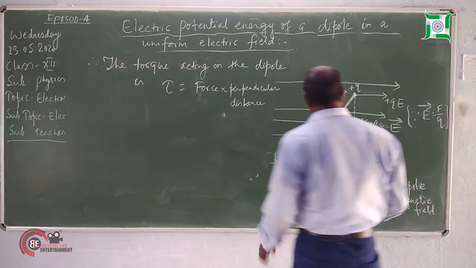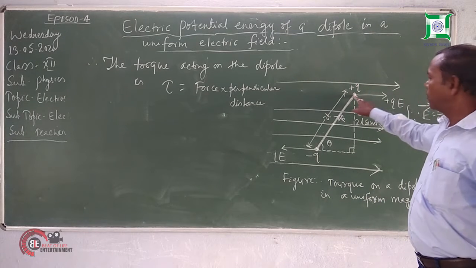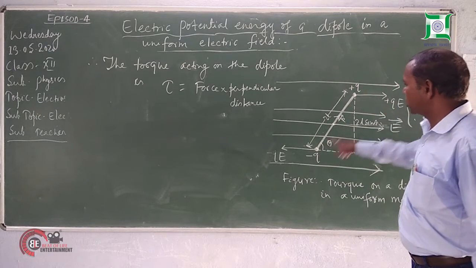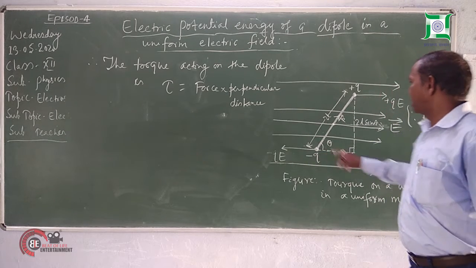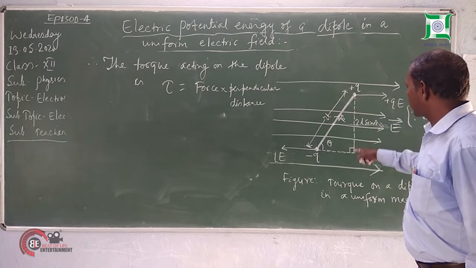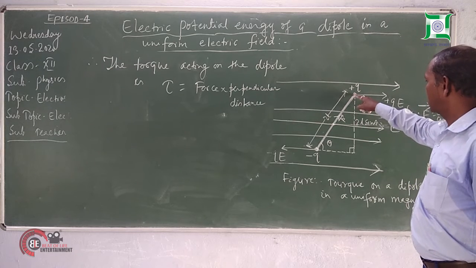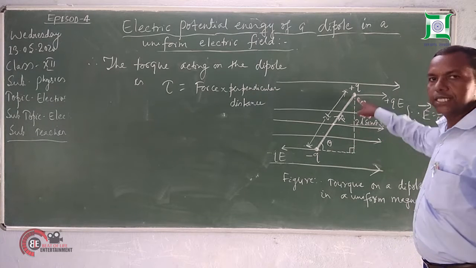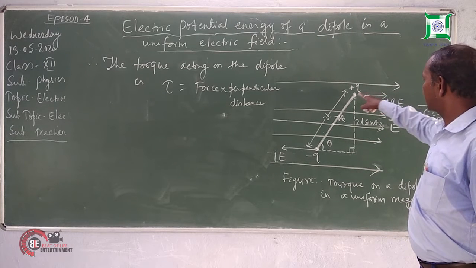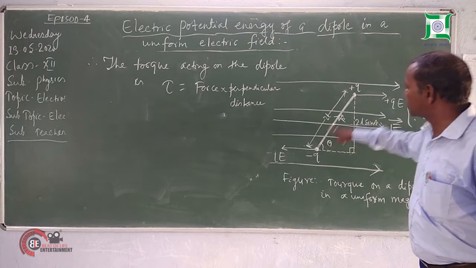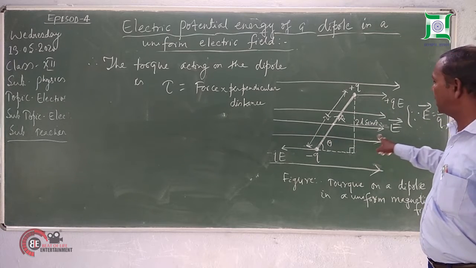We see here that the force acting on the two ends of the dipole is plus QE and minus QE, and the perpendicular distance of this force is 2L sin theta. Perpendicular distance of this force is 2L sin theta, as this distance is 2L, so this part becomes 2L sin theta.